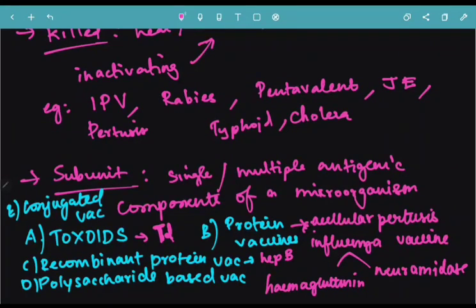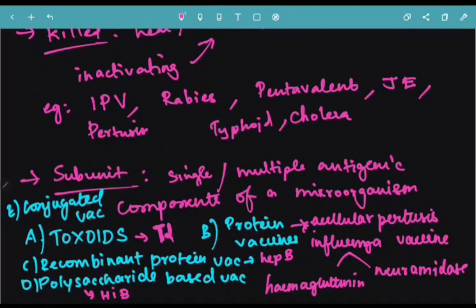The polysaccharide coat of the bacteria is going to be used to produce the vaccine. An example is Haemophilus influenza B vaccine. Just remember, under polysaccharide vaccines, Haemophilus influenza B vaccine.